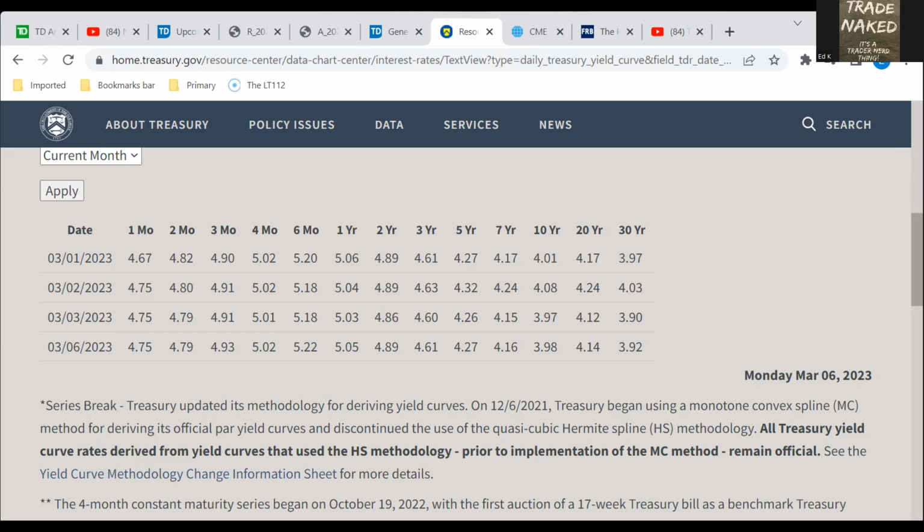Now these rates have gone way up because the Fed has been jacking rates up via Fed funds. And as the Fed raises the Fed funds rate, it tends to lift rates across the entire yield curve, with most of the emphasis being in the shorter term, because the Fed funds rate is an overnight lending rate set by the Fed, where banks borrow from each other to settle out whatever cash shortfalls they may have.